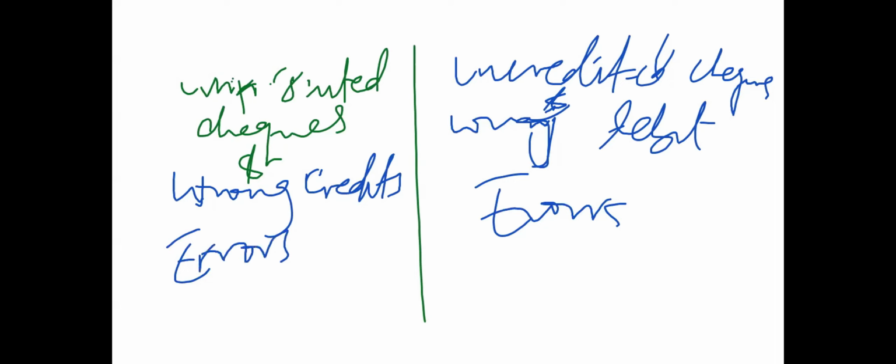Now, how do we know that this error is going to be on this side? We look at the effect. If they behave in the same way, then they are supposed to be in the same place. So once an error is behaving like uncredited checks or wrong debits, then we should treat it together in the same way.